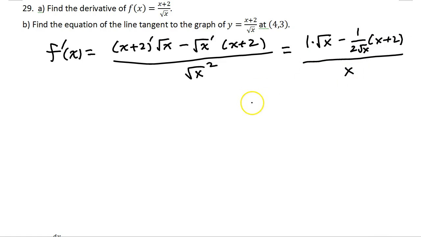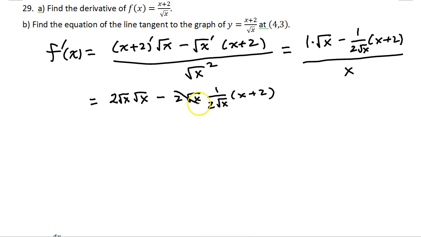Over x. Okay, since I see fractions inside a fraction, let's try to simplify this by multiplying 2 radical x on top and bottom. So I'm multiplying 2 radical x to the first one, also 2 radical x to the second part of the top, in which case this thing will cancel away, and also in the bottom I'm multiplying 2 square root of x to this x.